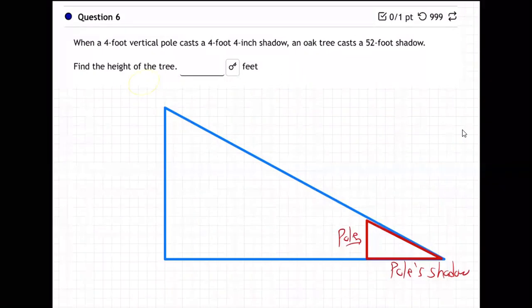You can't hardly see that on my diagram, but the sun is up here shining in the sky, and it's casting shadows, right? You know how shadows work? So this right here is the oak tree.